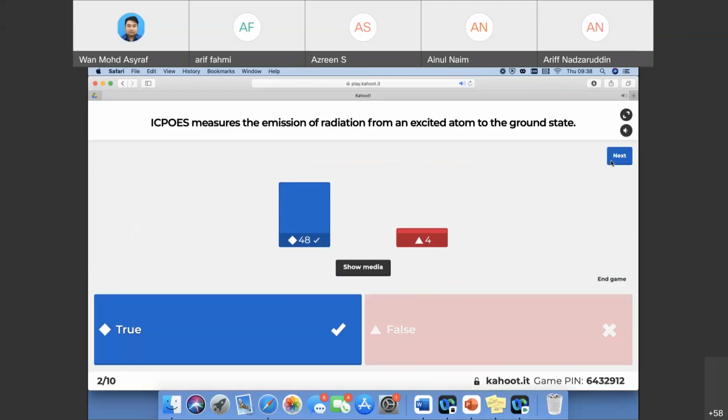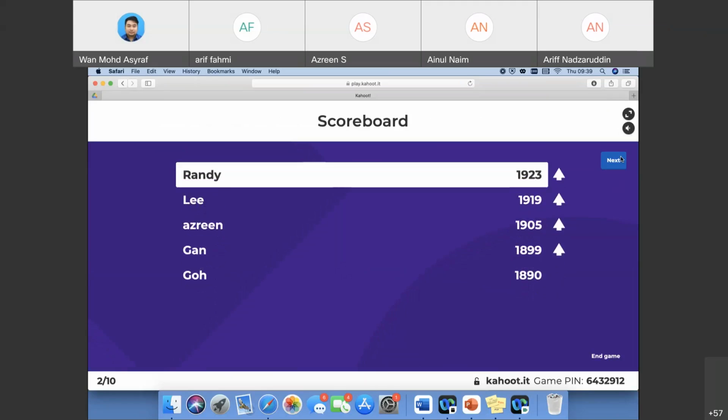Alright, so yes, majority of you said true. So only 4 people salah. So yes, ICP-OES measures the emission of radiation from an excited atom to the ground state. Alright, Randy is leading now.